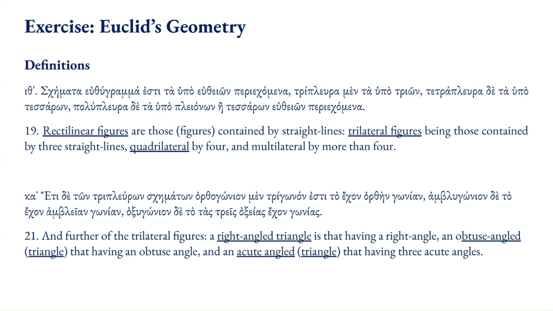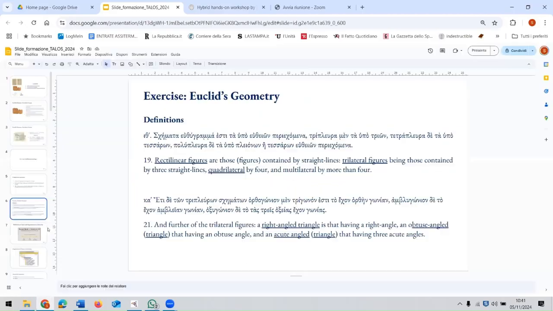And then we have other concepts, but we will focus on those later. We will begin with rectilinear figure, trilateral figure, and quadrilateral figure. So let's start by opening Protégé.